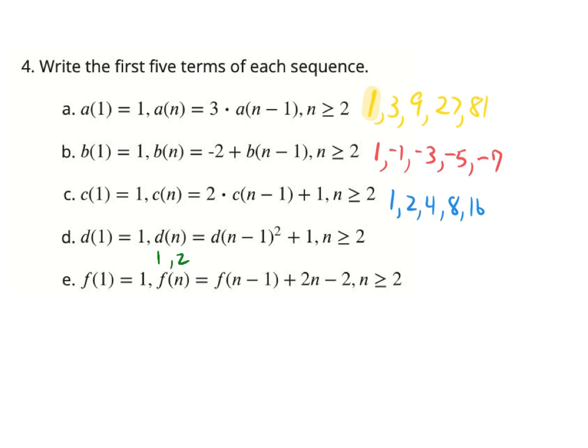For term 3, 3 minus 1 is 2. The output of term 2 squared is 4. 4 plus 1 is 5.